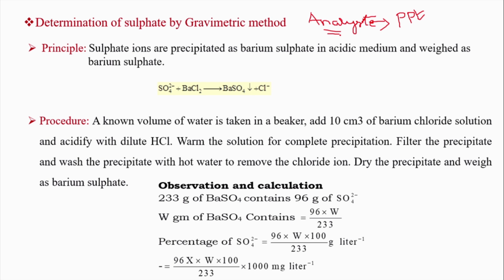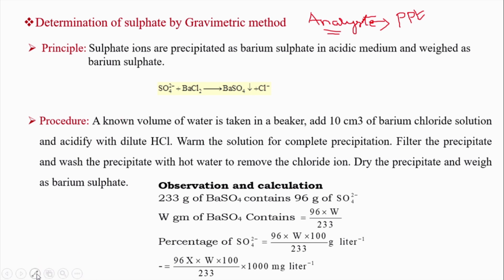And here, for our discussion, we have the gravimetric estimation of sulfate, determination of sulfate by gravimetry. One thing you should remember: a high sulfate ion concentration in water is not good for both drinking as well as industrial application.